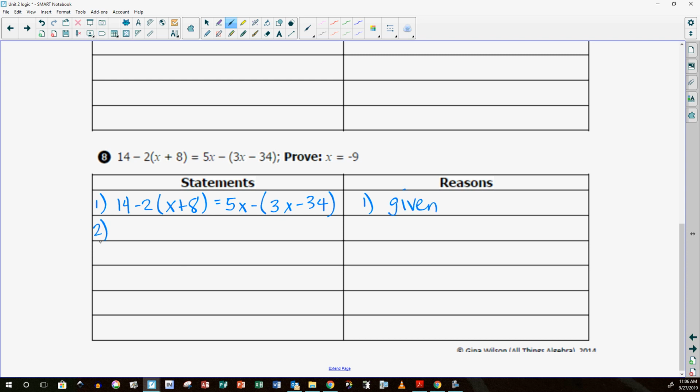Step 2, obviously we want to get rid of the parentheses. So 14 minus 2x minus 16 equals 5x minus 3x plus 34, because I need to distribute.